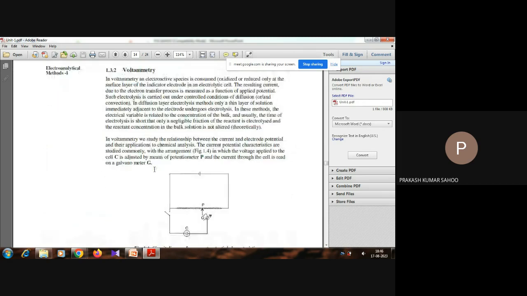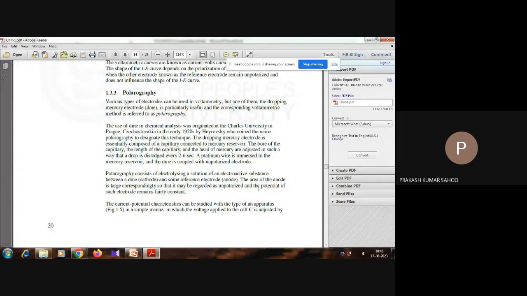Then the voltmeter method is very easy. It is just the use of a voltmeter connecting the anodic half cell with the cathodic half cell. We just connect one voltmeter, and the voltmeter will show the EMF.